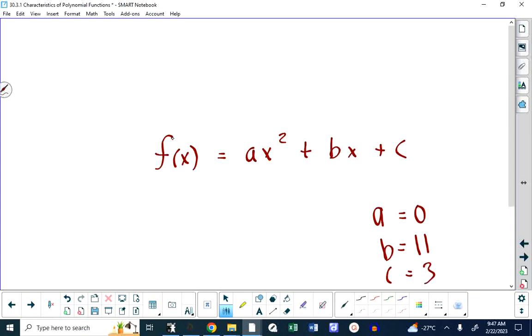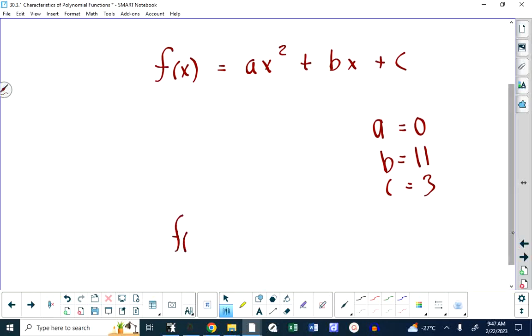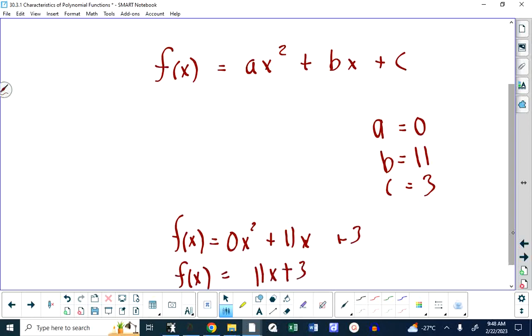Is that a quadratic function? Well, no, because if I put 0 in for a, I get f of x equals 0x squared plus 11x minus 3. Well, that means the function is this. It's not a quadratic function, it's a linear function.